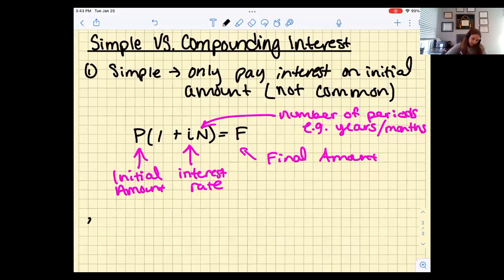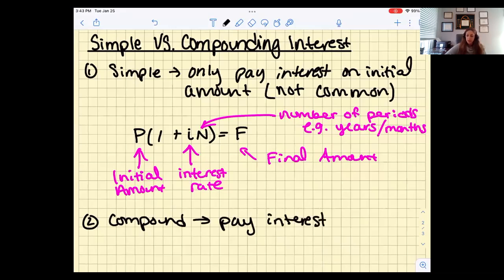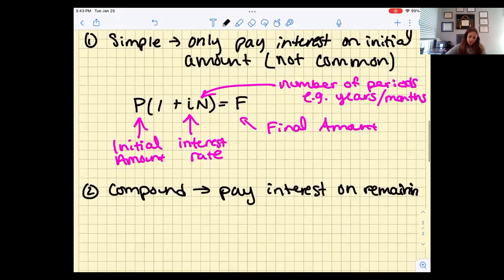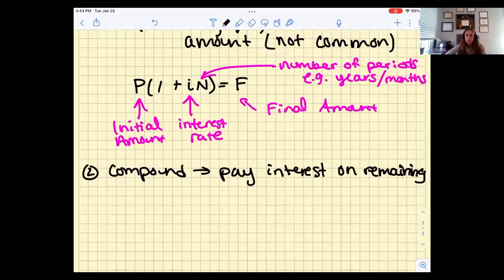Okay, so the second way is compound interest, which is way more common. This is where you pay interest on whatever your remaining balance is. So this is like your credit card. If you don't pay down the entire balance, the next time you're going to owe interest on that. Each time you're owing interest on whatever's remaining.